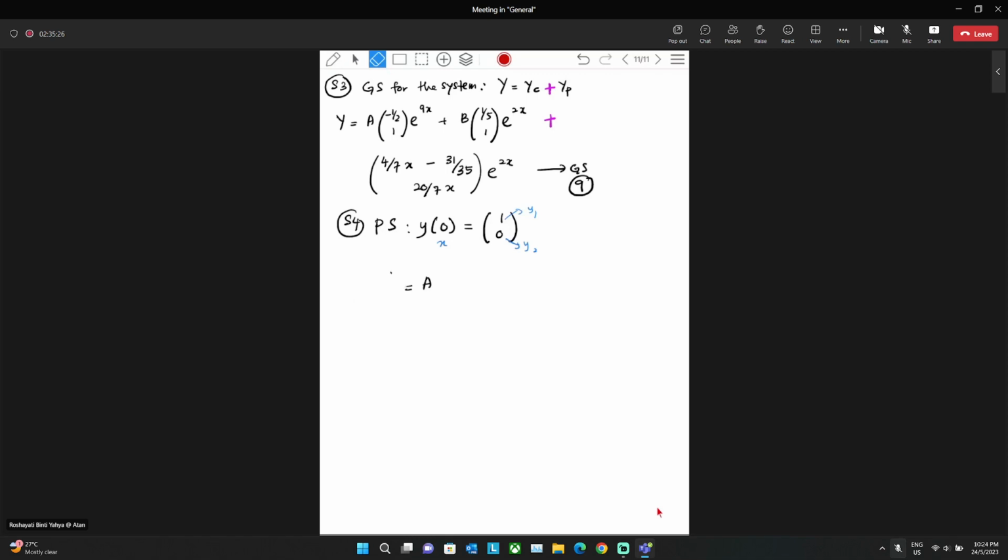Equal to A negative 1 over 2, 1, exponential 9 times 0, plus B positive 1 over 5, 0, exponential 2, 0, plus the yp part with 0 substituted: 31 over 35, 20 over 7, 0, exponential 2 times 0.